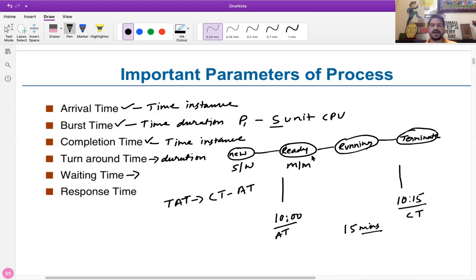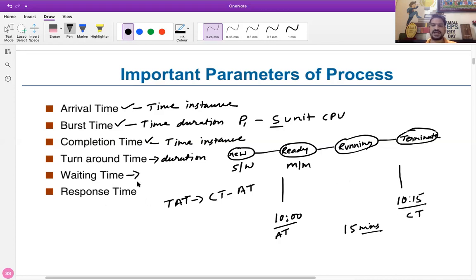That is, after how much time of arrival a process will get the CPU. That particular time duration is called waiting time.